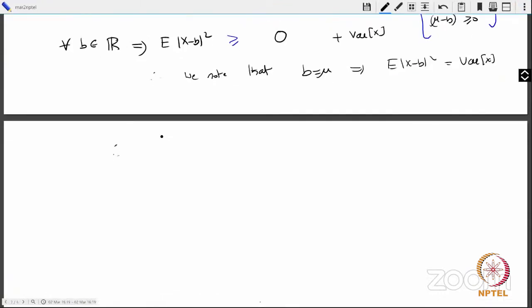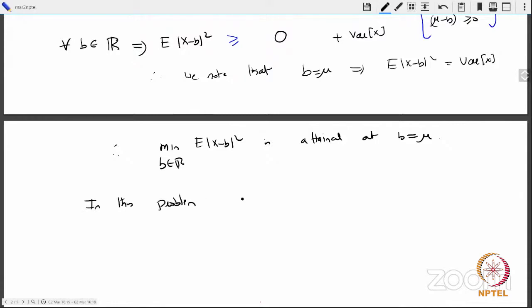So therefore, the minimizer over b in R of E of (X minus b) whole squared is attained at b equal to mu. But here what is new in this problem? b was equal to mu, which is 10 times 0.6, which is 6. So that's the answer.